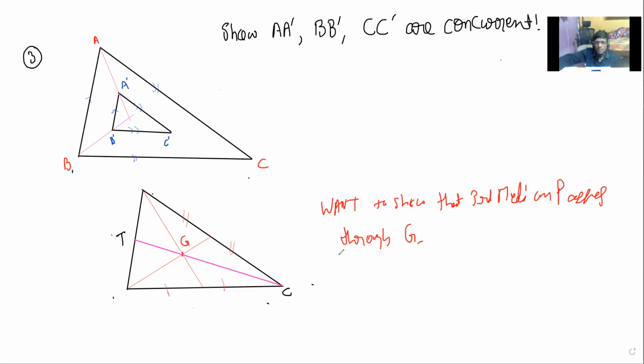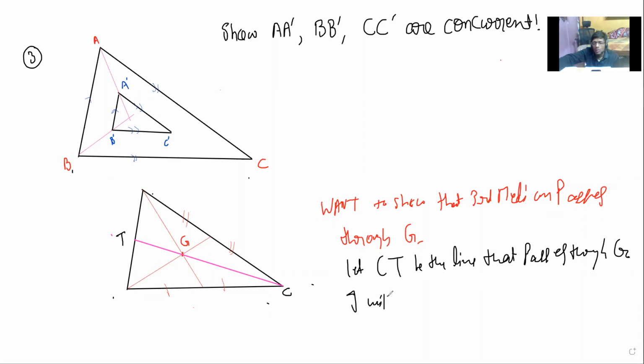Let CT be the line that passes through G. Then what would you show? You will say, I will show that T is the midpoint.